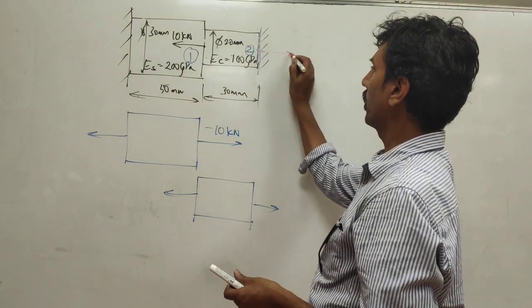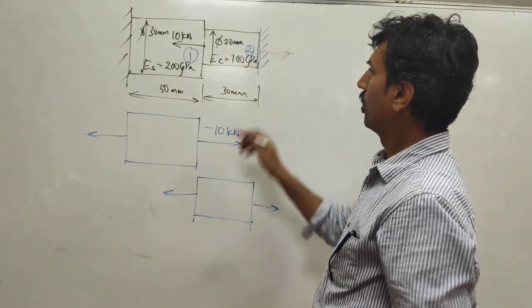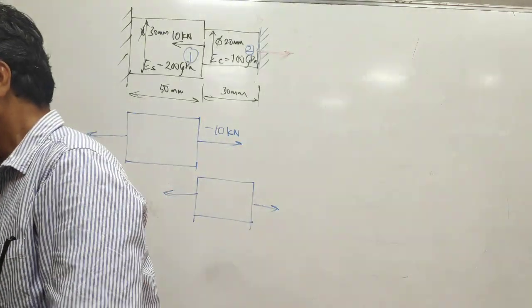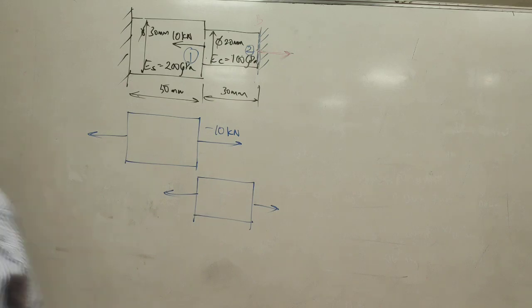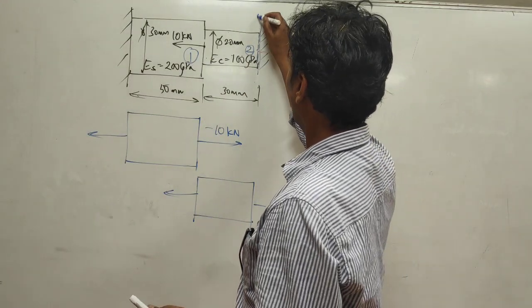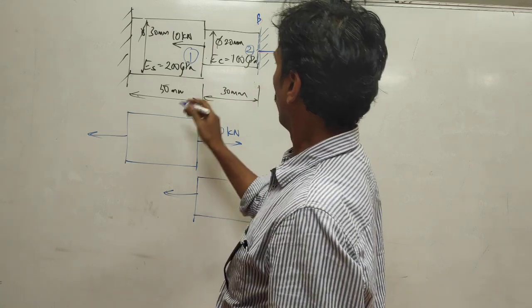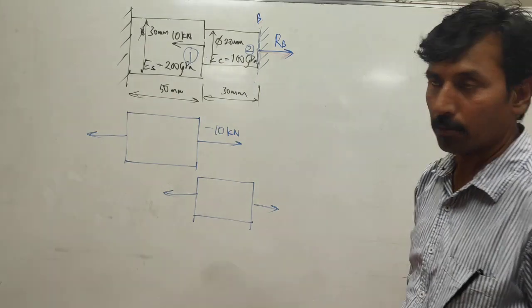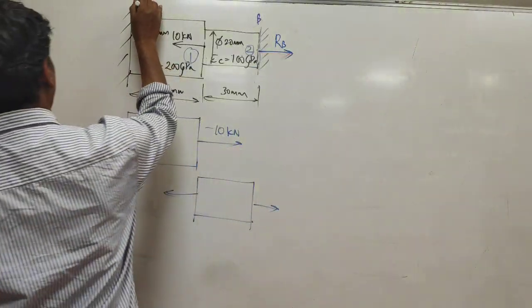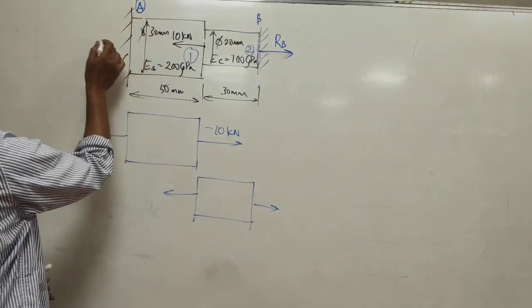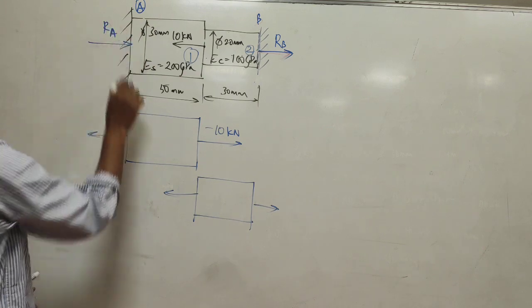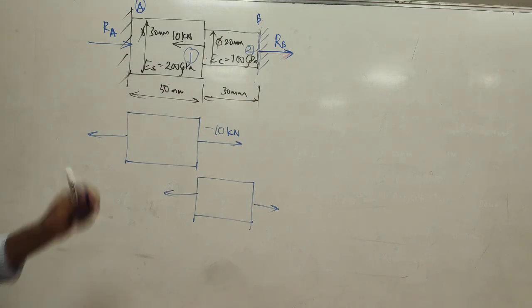So let us call this end B, which produces a reaction at end B. Call this RB. Let us call this end A, which produces a reaction force like this. Let us call this RA. So both of the ends produce a reaction force, but I don't know how much.